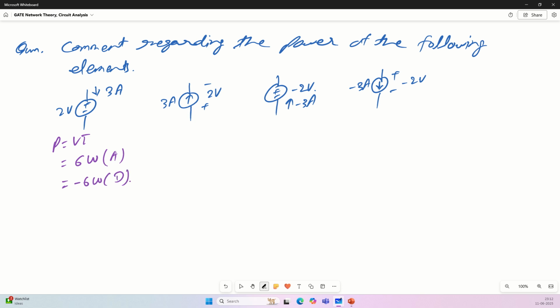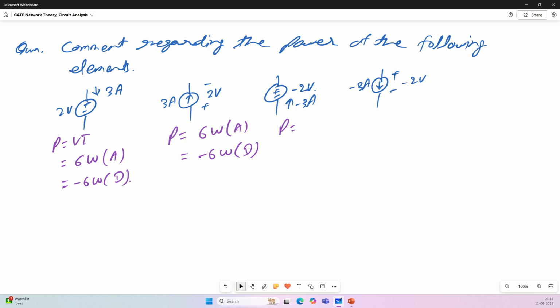Understood? Similar to that, come to the second one. Power is equal to 6 watt again, right? Now, the current is entering from the positive terminal to the negative terminal. So this is again absorbing, so it will be 6 watt absorbing, or minus 6 watt delivering.